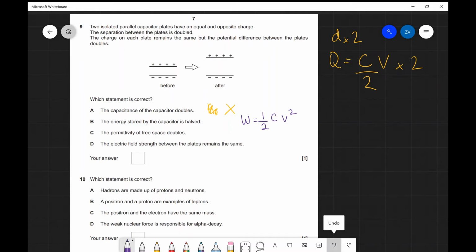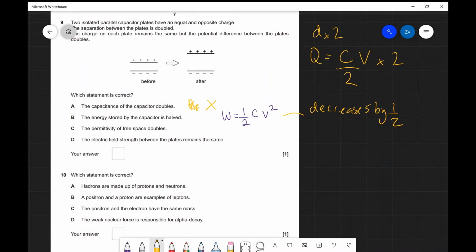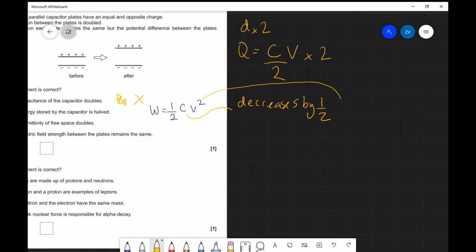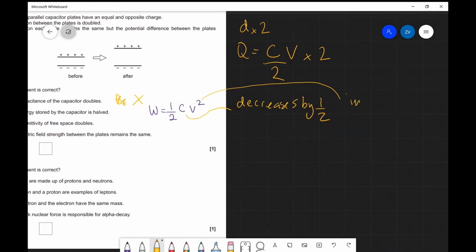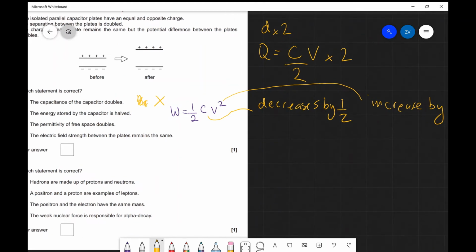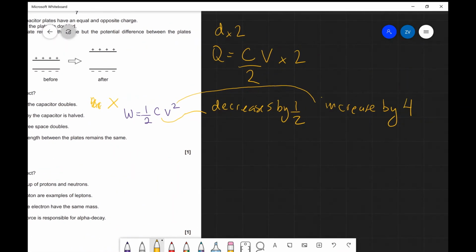So let's write this over here. So this decreases by a half, but additionally it will also increase because the voltage has been doubled. This effect is due to the decrease of the capacitance. However, we need to factor in the increase. So it will increase by a factor of 4 because the voltage is doubled, and then this is squared on top of that.